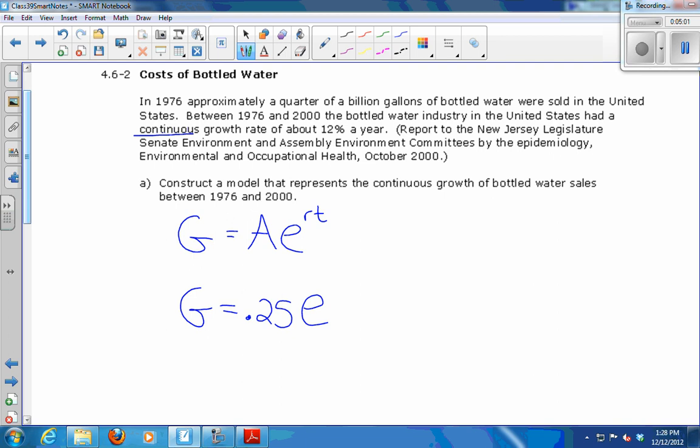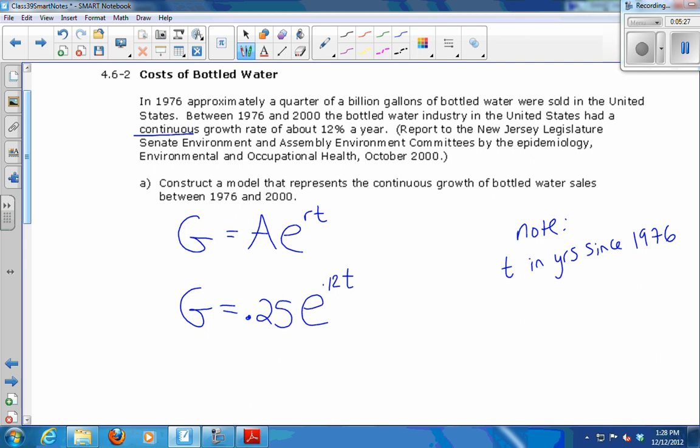My continuous growth rate is 0.12. Put the growth rate as a decimal, t. And over here, I'm noting that t is measured in years since 1976, because if we're using 250 million as my initial value, that means that 1976 is year 0.